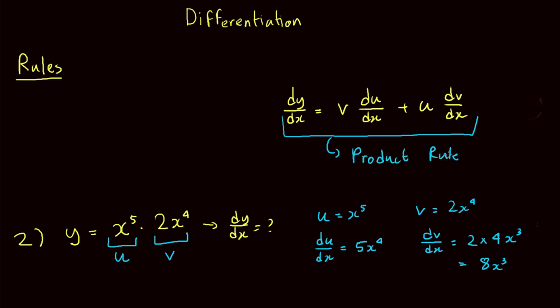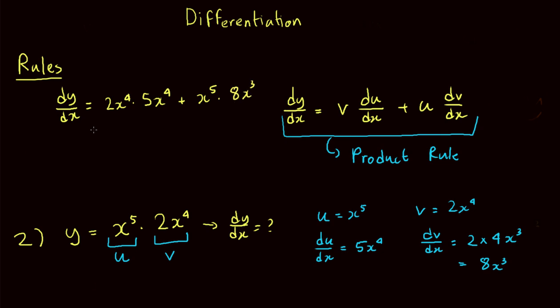This is the second most important rule they have to remember. And if you want to write it properly, in this case it would be dy dx is just equivalent to v, in our case, 2x to the power of 4, multiplied with du dx, which is 5x to the power of 4, plus u, which is x to the power of 5, and dv dx is 8x cubed.